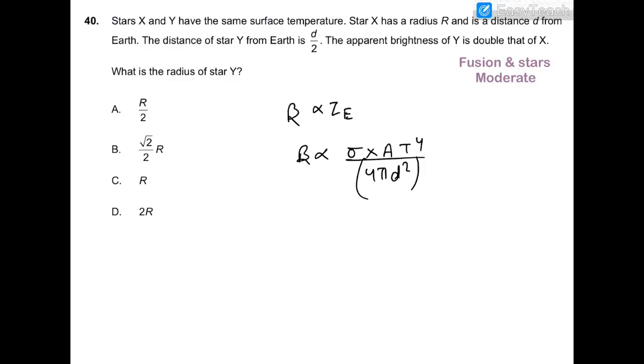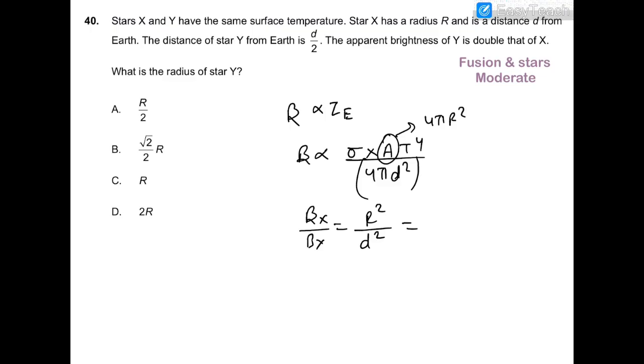So if we compare the brightness, Bx upon By will be equal to, area of the star is 4 pi r square, so it is r square divided by d square, because T is same. It is given in the question.